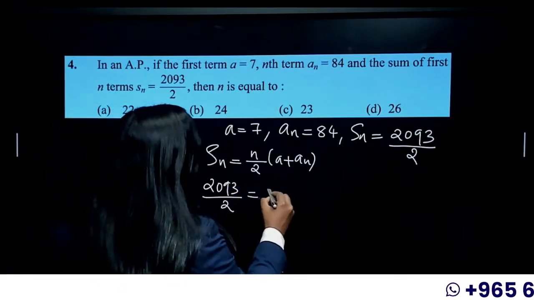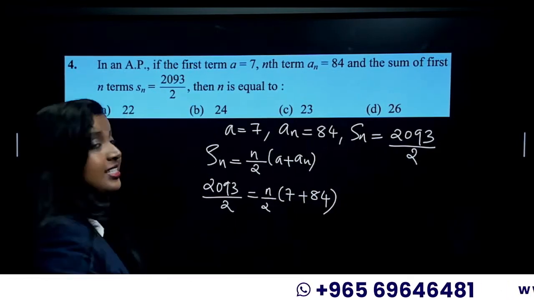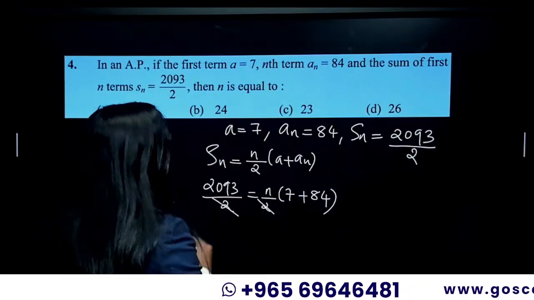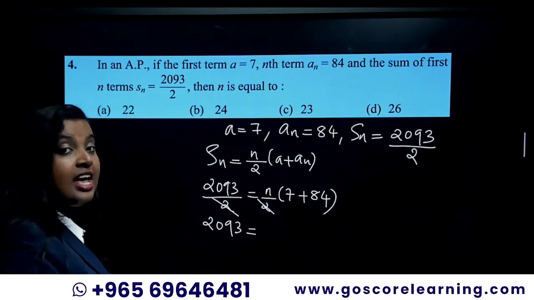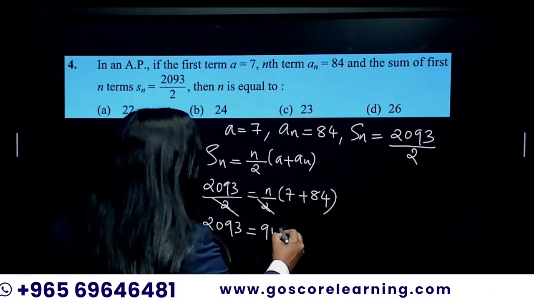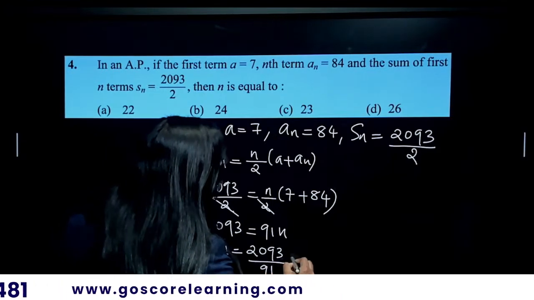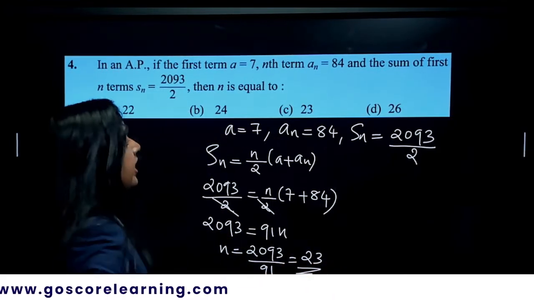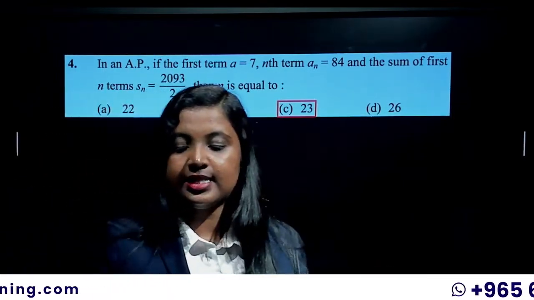You have Sn, you have a, and you have an. Let us cancel 2 from both sides. So 84 plus 7 is equal to 91. So 91n. Just divide them and you will get n as 23, right? So which is the correct option? Option C, 23, is the correct answer.